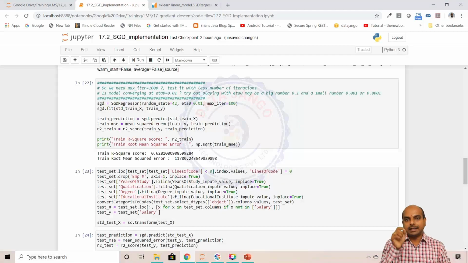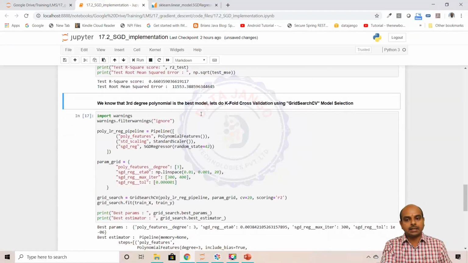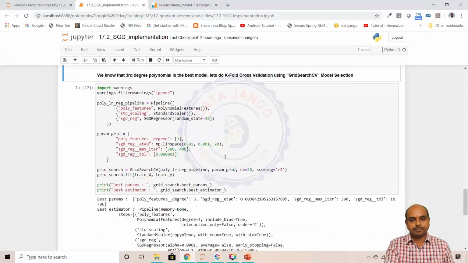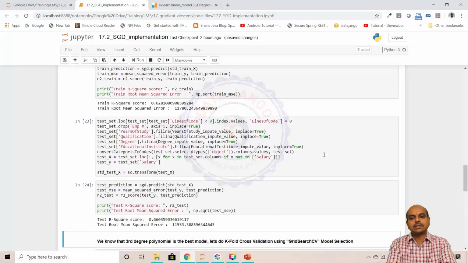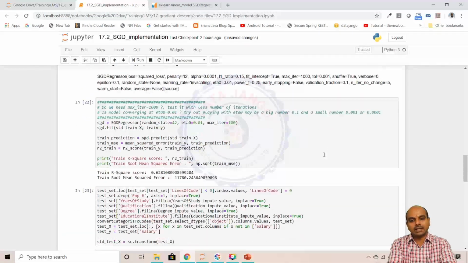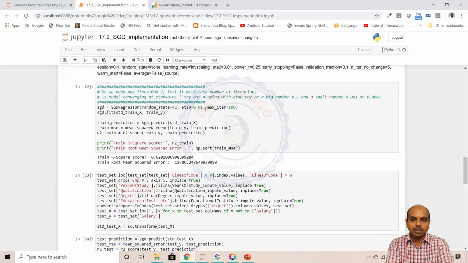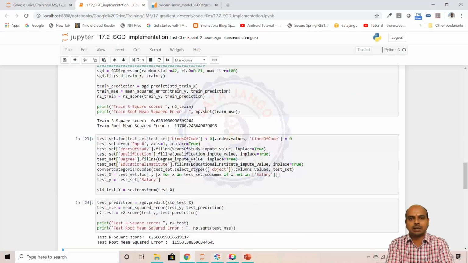But if you have to find that exact number, it is humanly impossible. So we need to use a model selection approach, the GridSearchCV. So let us try to understand how exactly we can choose the best parameter using GridSearchCV in the next coming class. Thank you.